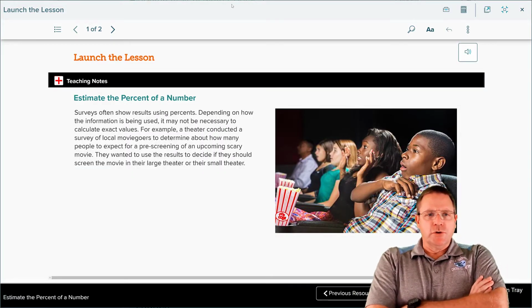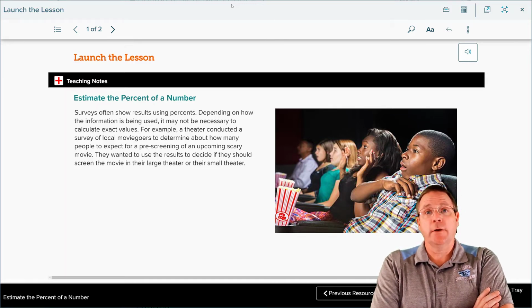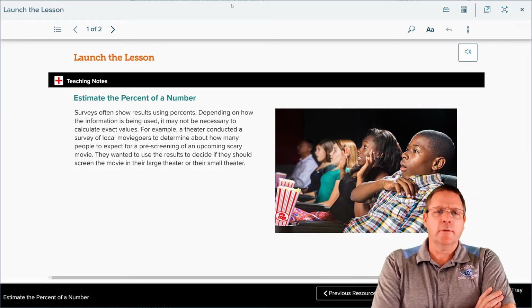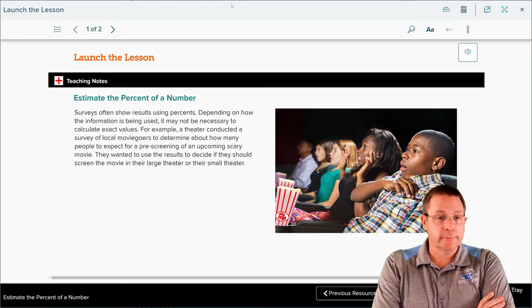Surveys often show results using percents. Depending on how the information is being used, it may not be necessary to calculate exact values. For example, a theater conducted a survey of local moviegoers to determine about how many people to expect for a pre-screening of an upcoming scary movie. You won't see me at a scary movie.